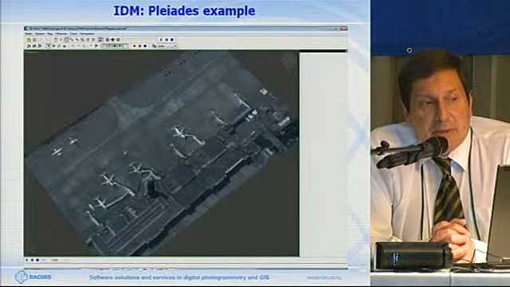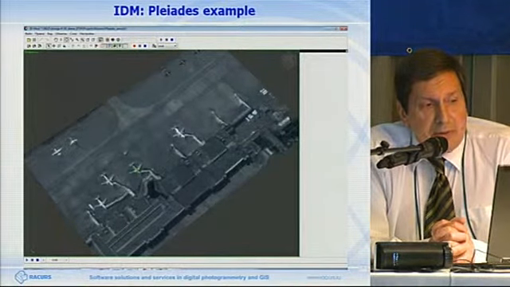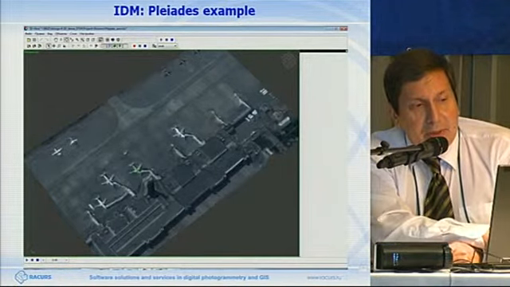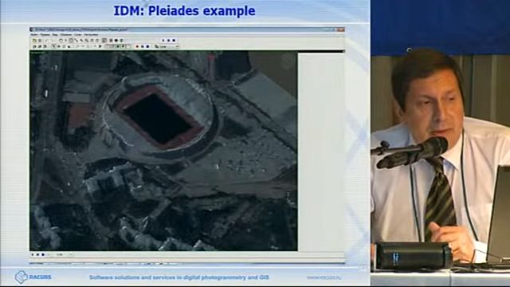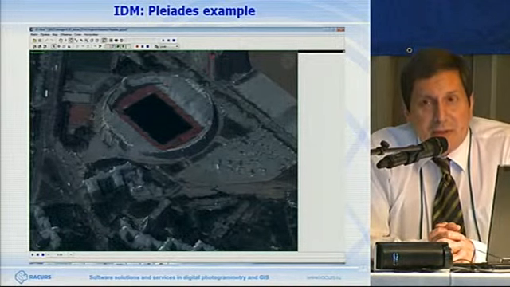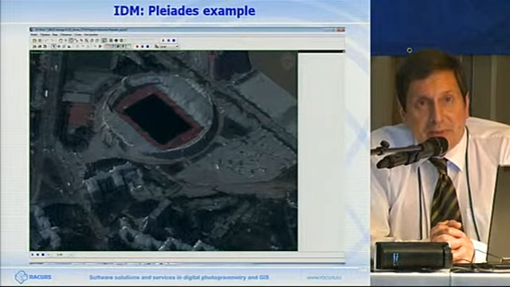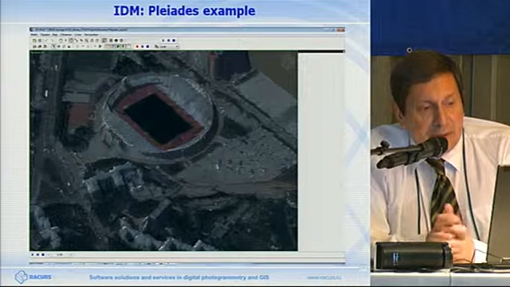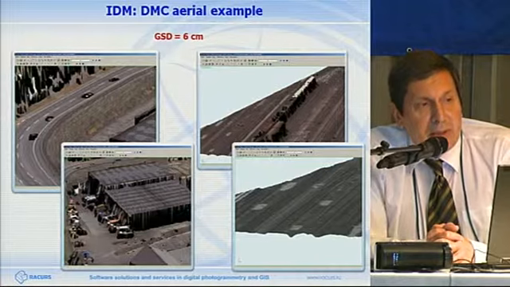The photogrammetric quality wasn't perfect, but still we can see aircraft, special devices that are used by passengers to get into aircraft, and there are also some sports facilities nearby. It's not the best, but still we tested it for one of the Russian cities. Tomorrow there will be a more detailed presentation on that.